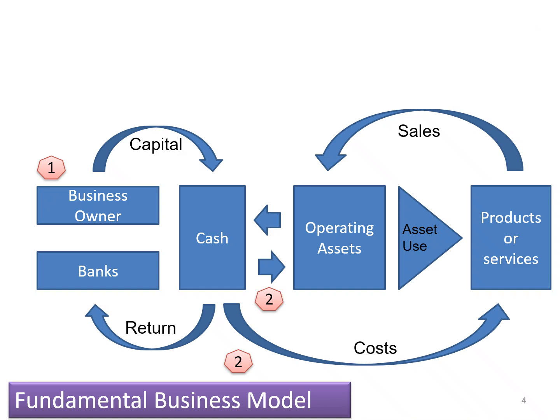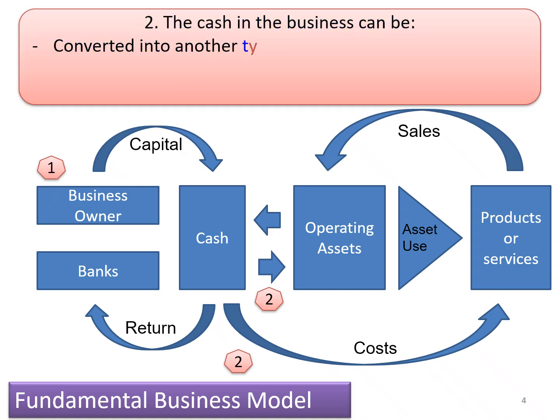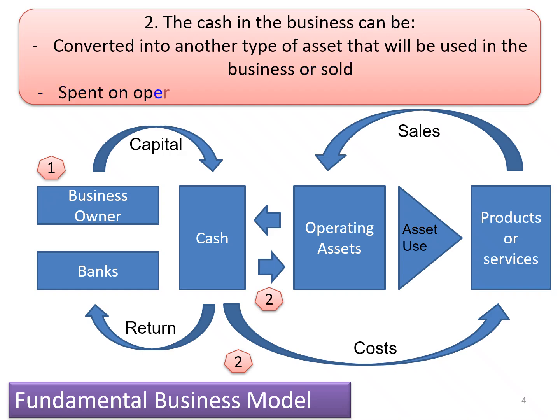Now, since the business already has cash that it can use for its operation, the cash in the business may now be converted into another type of asset that can be used or sold by the business.